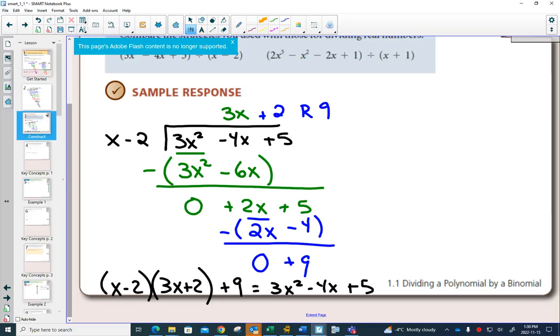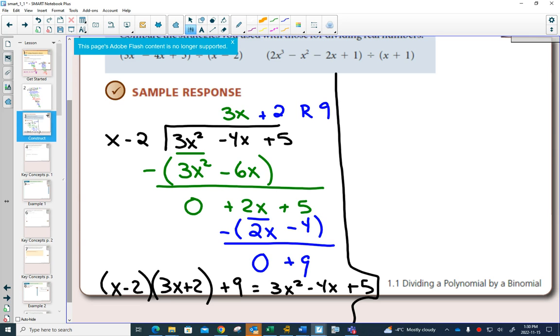So let's do one more together. Ooh, it's cubed, so it's going to be a little bit longer. We have 2x cubed minus x squared minus 2x plus 1 divided by x plus 1.